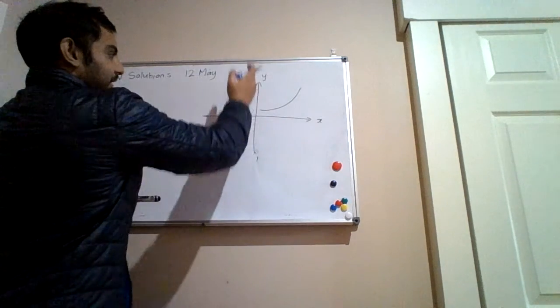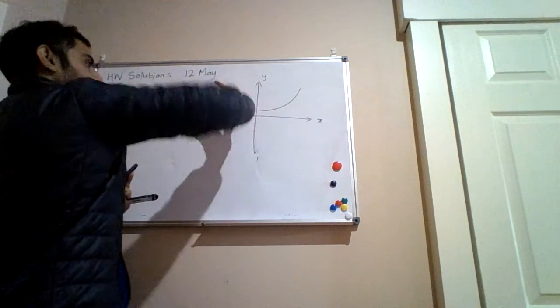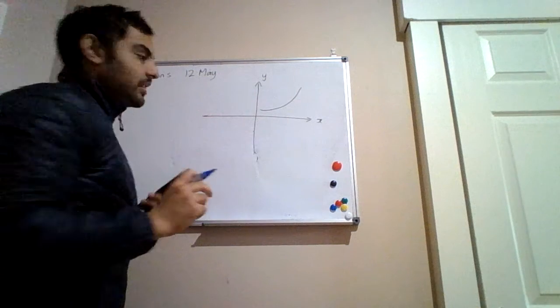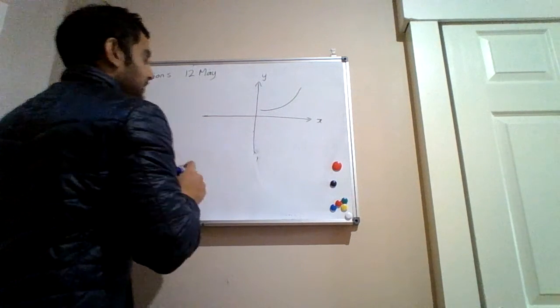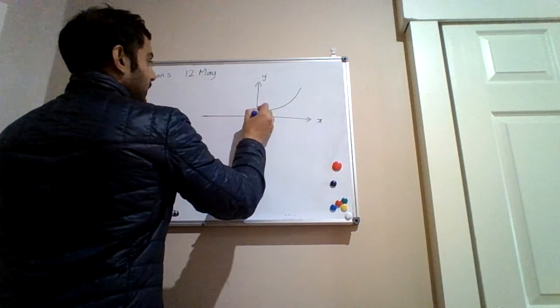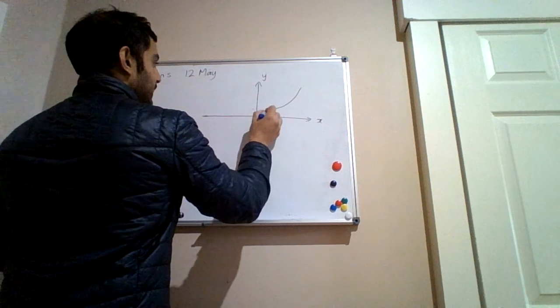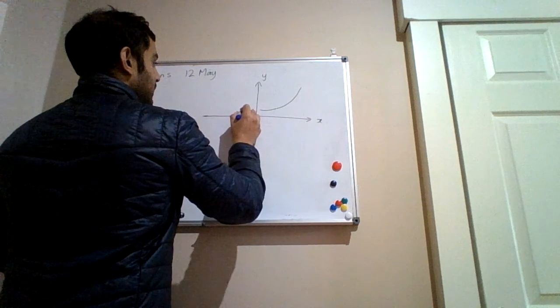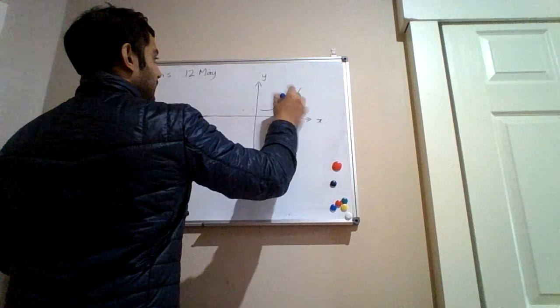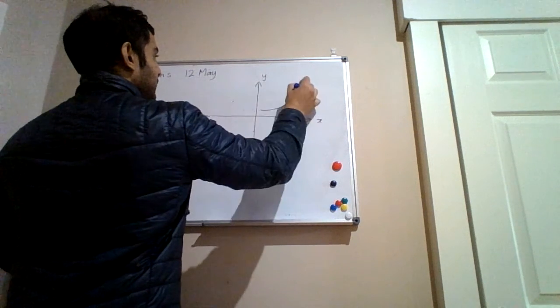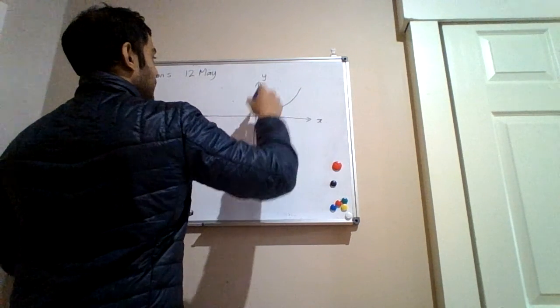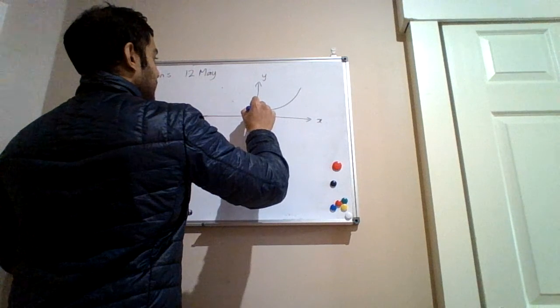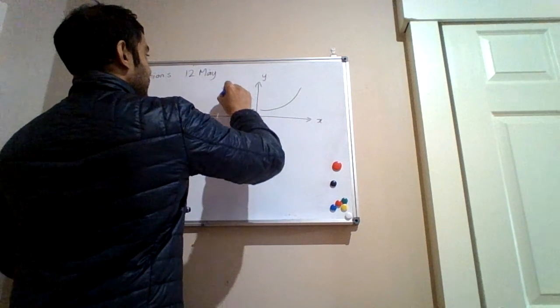This time we're reflecting about the y-axis, so we're flipping this shape. It's almost like there's a mirror sitting in the middle. So each point gets reflected, and we get something like this.